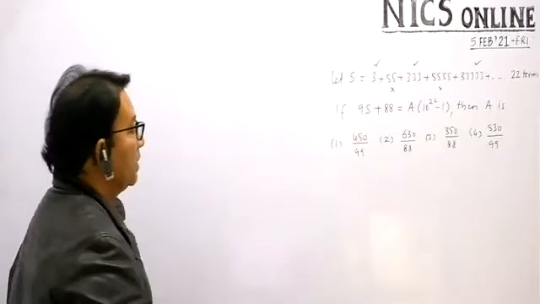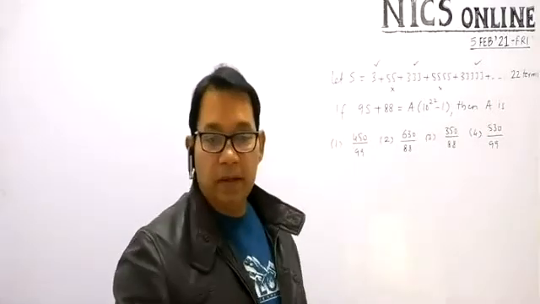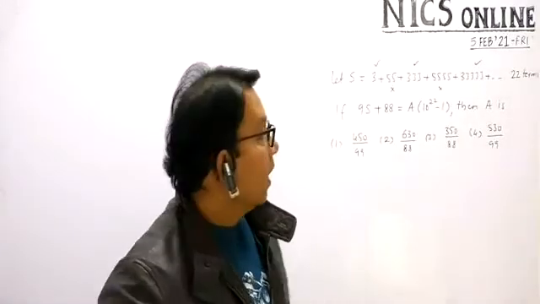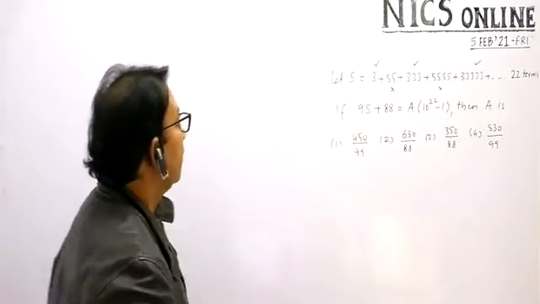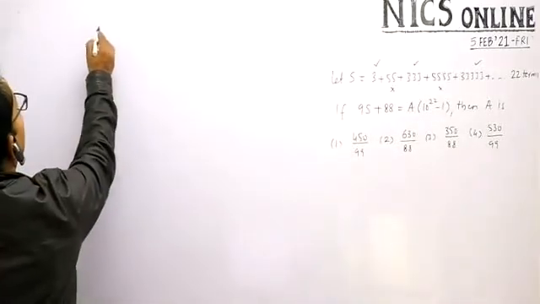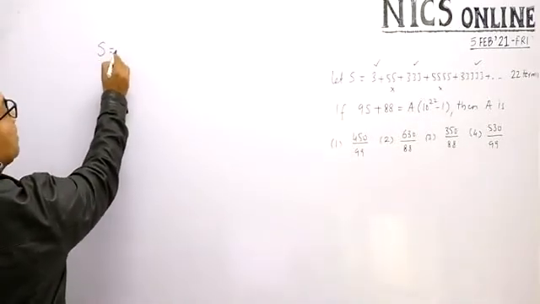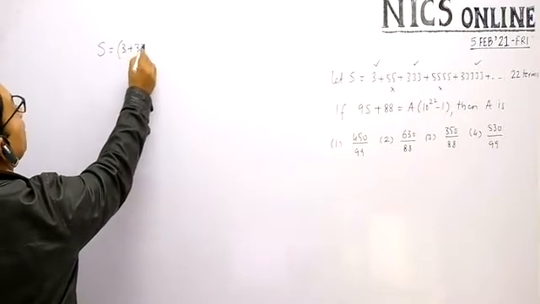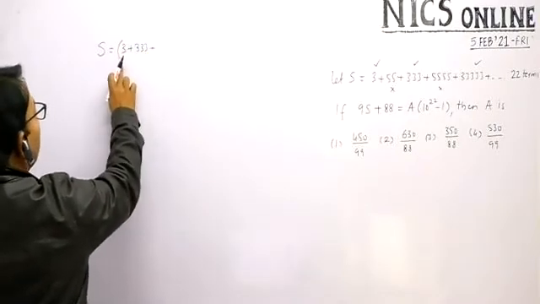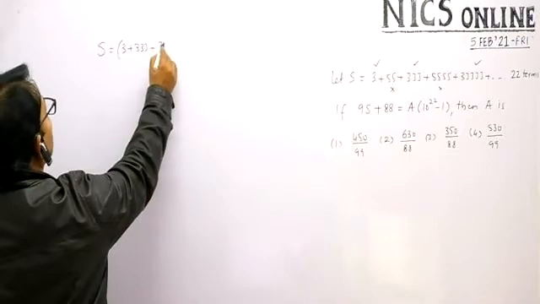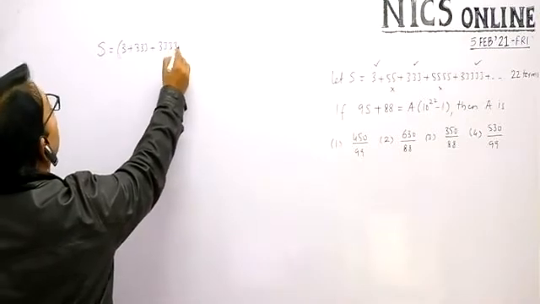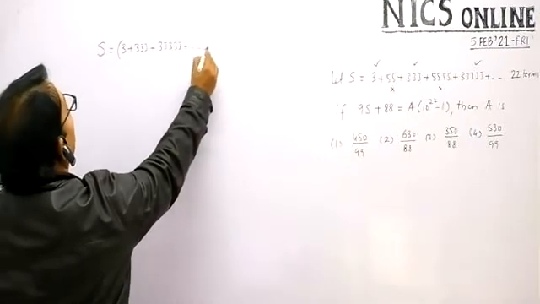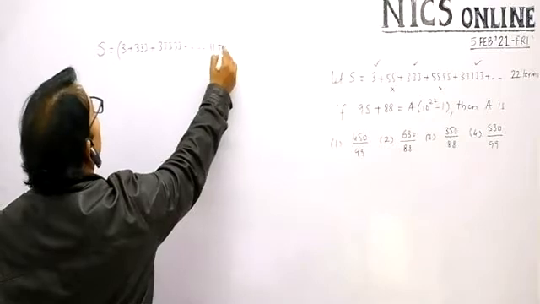So it's quite obvious that 11 terms would contain 3s, and the other 11 terms would contain 5s. So we can rewrite the sequence like this. S is equal to 3 plus 33 plus 333, and so on, and next would be the 5s, and there'll be 11 terms.